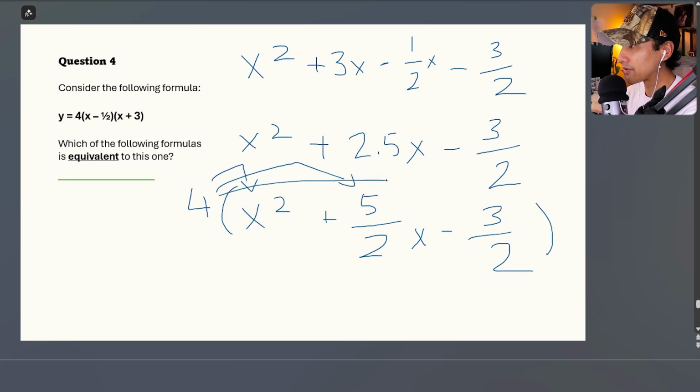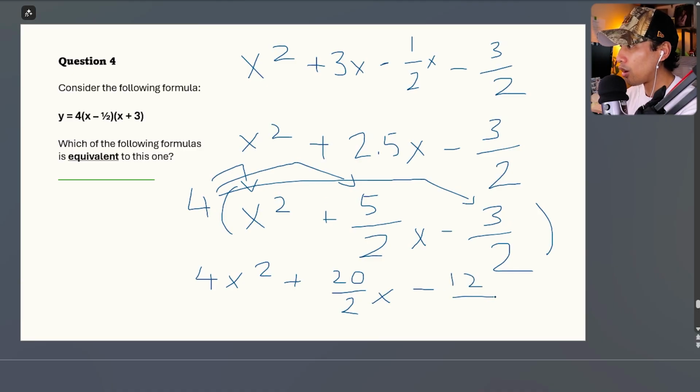So multiply this 4 with each term. So we get 4x squared plus, what is 4 times 5? 4 times 5 is 20, and then over 2x minus, what is 4 times 3? That's 12 over 2. Now, we're not done here.